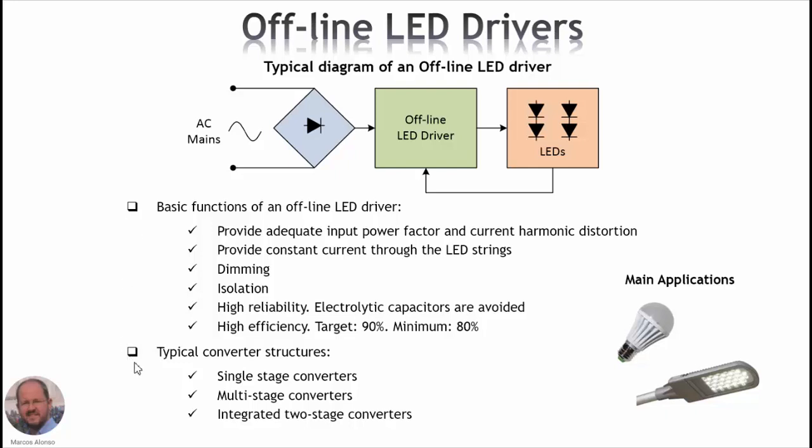And what are the typical converter structures that we use when implementing an offline LED driver? We have in principle three possibilities. The first possibility is to use a single stage converter that is going to perform all the functions, meaning that it has to provide a good behavior at the input with a high power factor and low current harmonic distortion, and also to regulate the current through the LEDs.